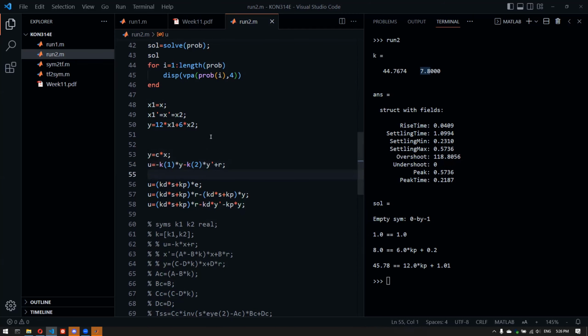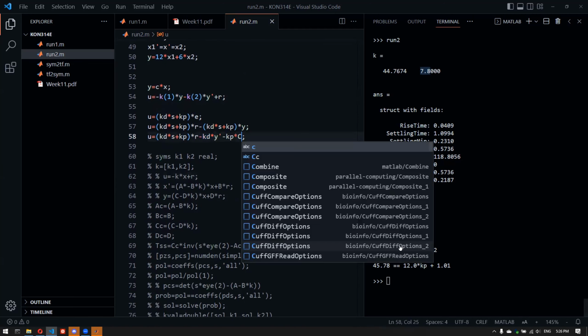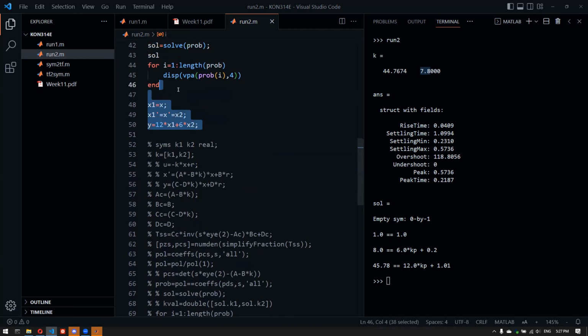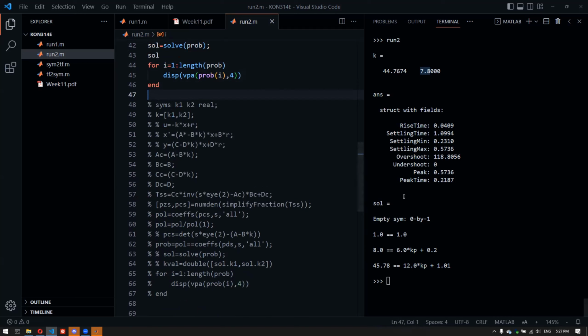But you can see it's not quite the same, because from this feedback it should be c times x, and then c times x derivative, where we have kd times c and kp times c. So it's never going to be the exact same. But you can see that for a second order transfer function, when we are designing a state feedback controller, we at least can say that it has a PD effect. It could be viewed as a PD controller.